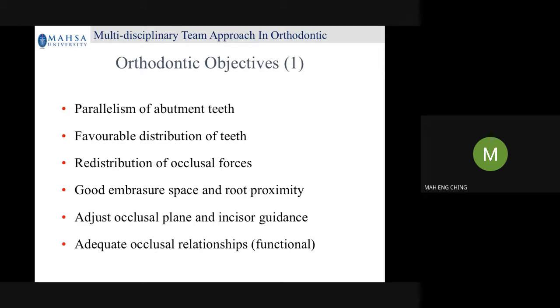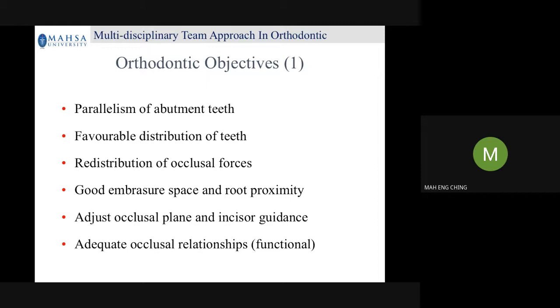So you can restore the tooth with dentures or even a bridge. Then good embrasure space and root proximity. If you have a tilted or crowded tooth, sometimes they are not able to clean the embrasure very well. Compared to straight teeth, when everything is straight, that black triangle you can clean a bit better with an interdental brush or even floss or superfloss. We can also adjust the occlusal plane and incisor guidance.